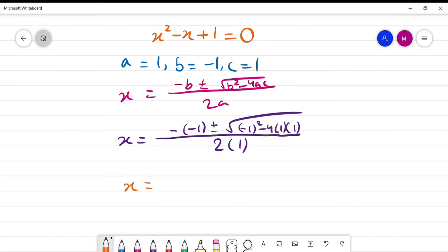And so x is equal to negative 1 into negative 1 is positive 1, plus minus under root of 1 squared is 1, and negative 4 into 1 is negative 4, and then multiplied into 1 again, it's negative 4.